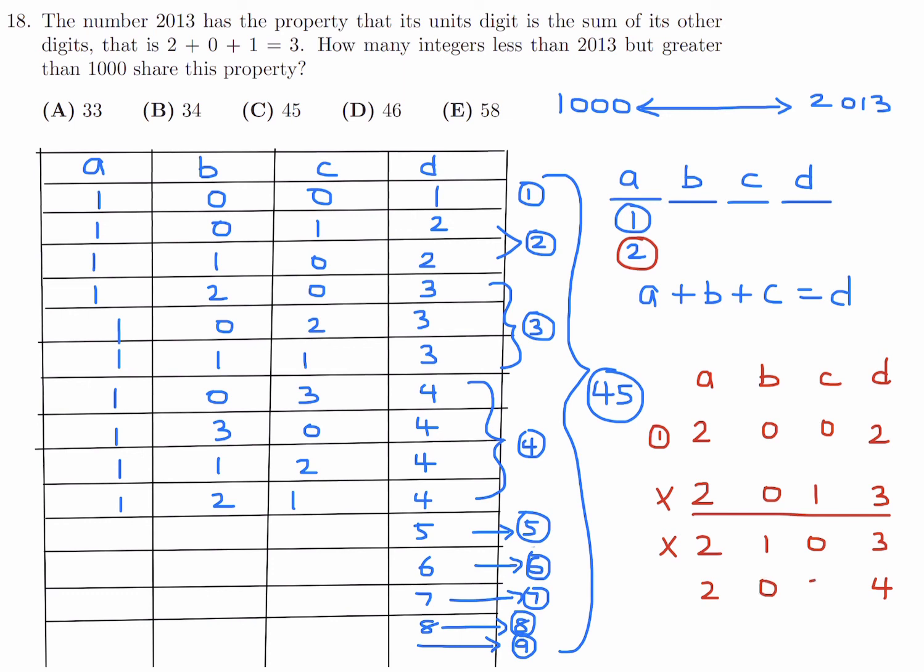Or if you did 0, 2, that's also greater than 2013. So the only one when A is 2 that satisfies our condition is 2002. So we've got this 45 and this 1. You add it up and you get 46. So that is the answer to the question, number 18.